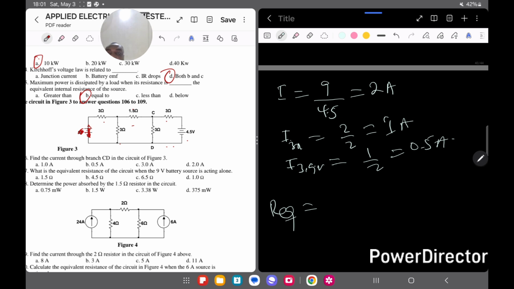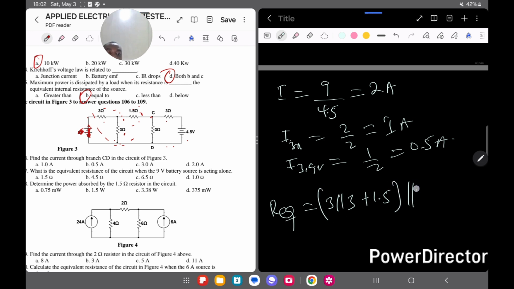So to find the equivalent resistance of this, we do the same thing. We start from the left side. So this 3 and 3 here, you can see they are what? In parallel. 3 ohms and 3 ohms are in parallel. And after that, once you got this, it's going to be in series with 1.5. So plus 1.5 here. Now, because of this, when you look here, this part is going to now be in parallel with what? 3.